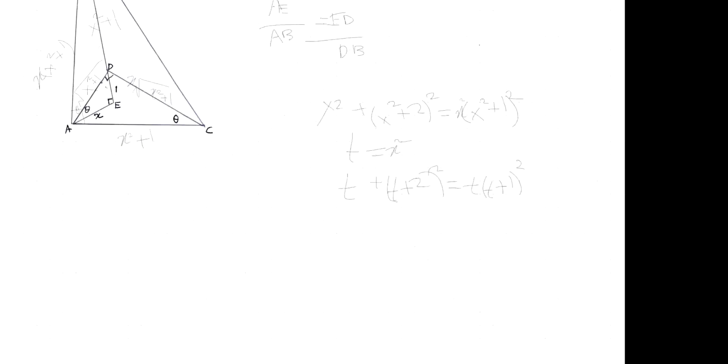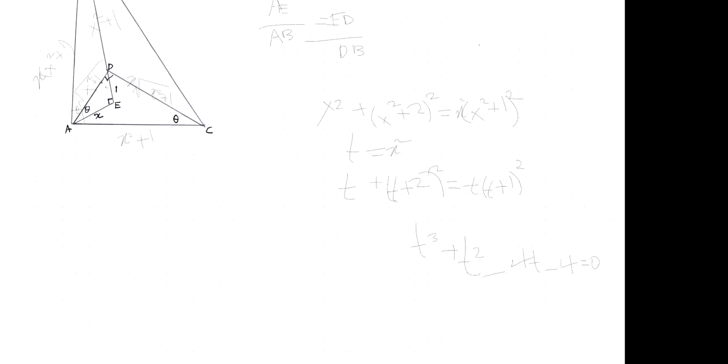We can let another variable, for example t, be x squared just to make solving a bit easier. So we have t plus 2 squared equals t times t plus 1 squared. And then we can simplify this, and eventually we'll get t cubed plus t squared minus 4t minus 4 equals 0.